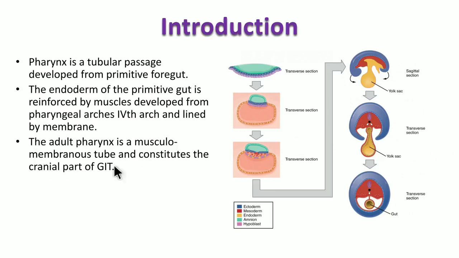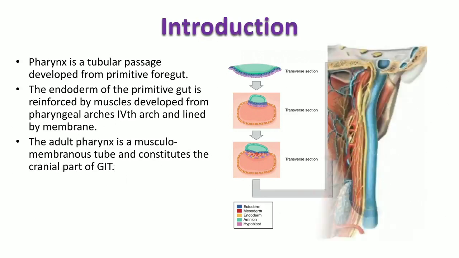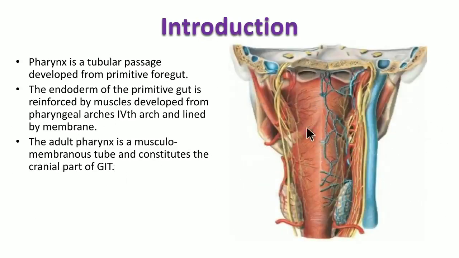So the pharynx mainly represents the cranial part of the gut, the upper part, which is somewhat wide, and as you go down, it narrows at the esophagus. That is the pharyngoesophageal junction.